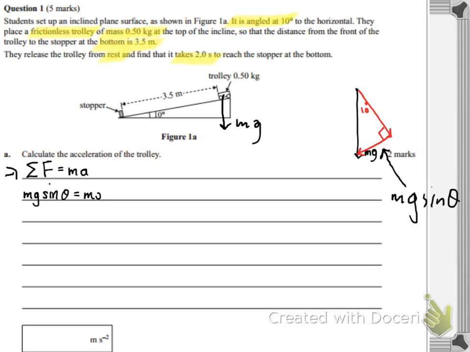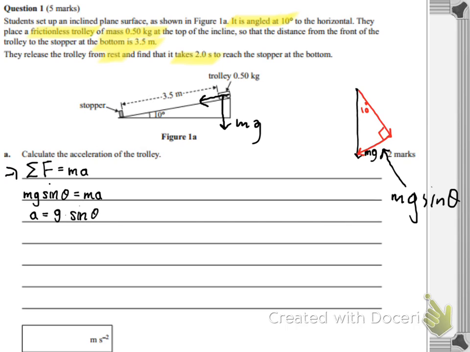So the force that it will experience is mass times gravity times sine theta. That is the force acting in this direction, pointing down the plane. It's the component of the weight force.